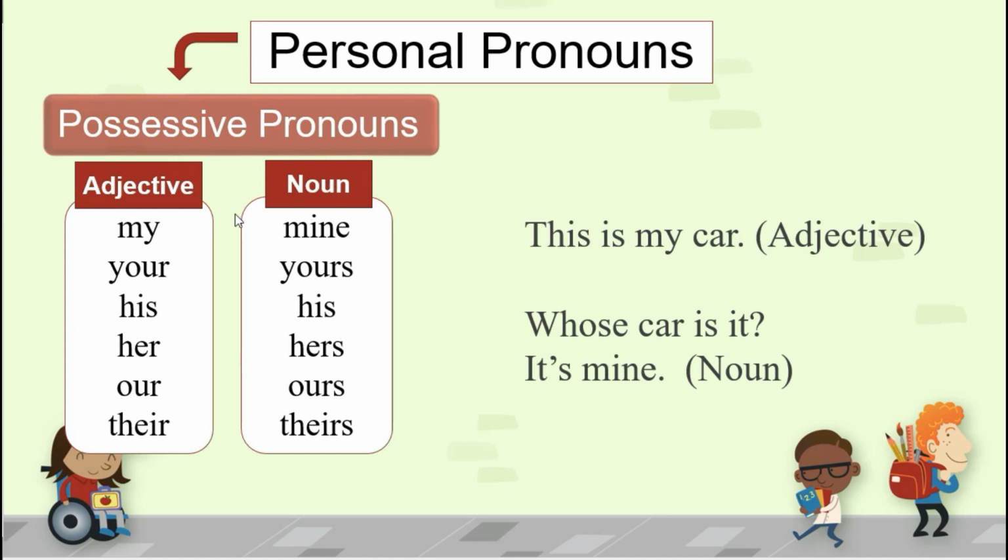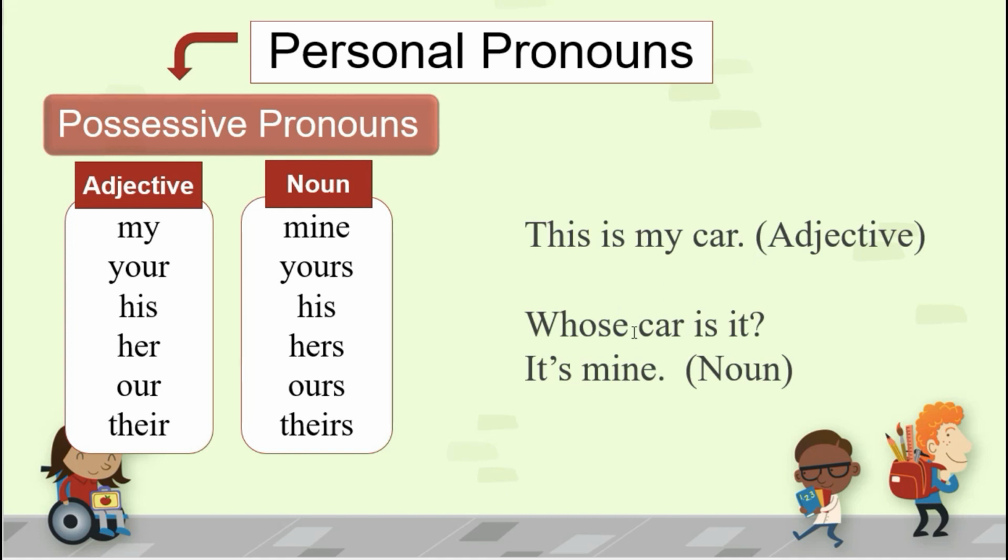My as an adjective and noun mine. You can see here there is an example. This is my car. As you know that car is a noun, so my will turn to adjective form. This is my car. Now assuming that somebody is asking a question, whose car is it? You definitely answer, it's mine.